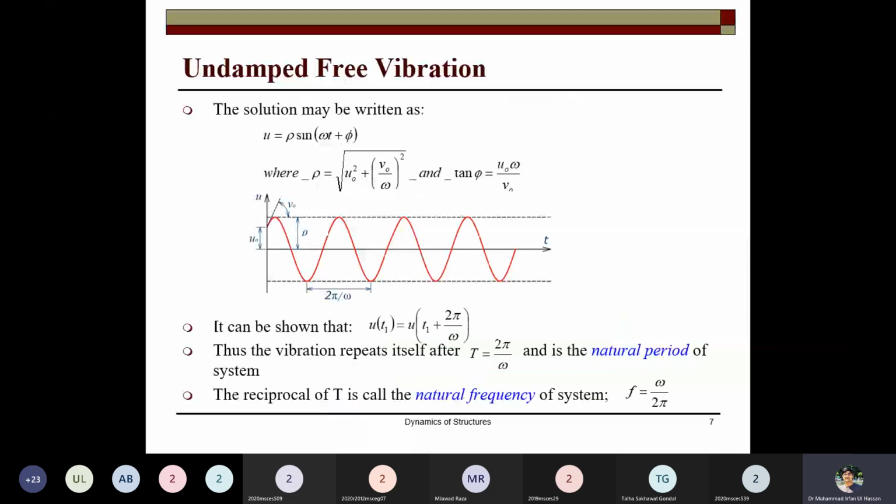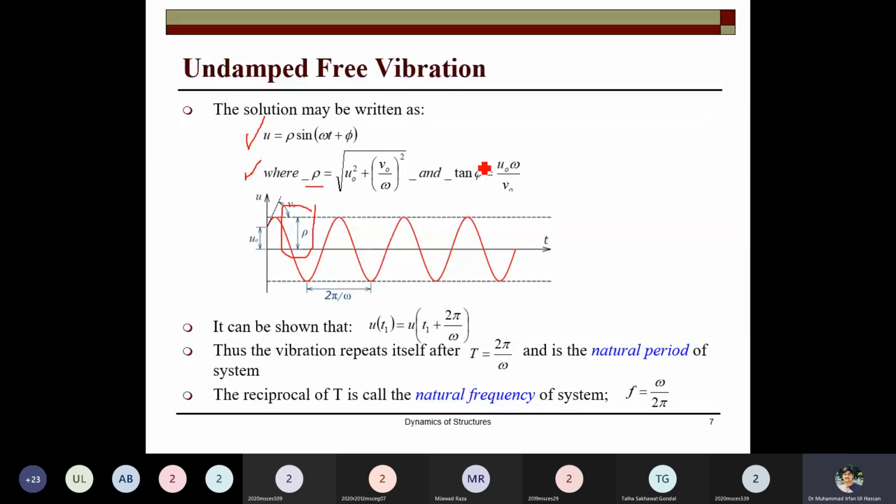And this solution can be written in this form, like u, where this rho is the amplitude, the maximum value of this undamped free vibration, the maximum value of the displacement.